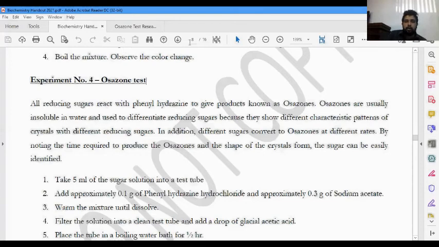Yes, sir. Okay, then you have to write a practical record based on the osazone test, write observations and include figures. And I can show you. Can you see this image?